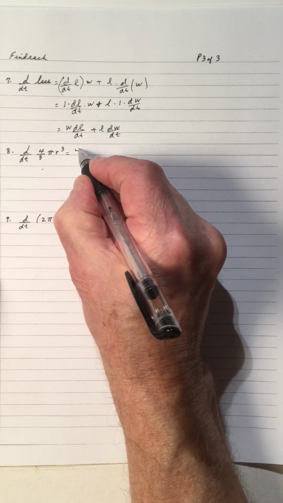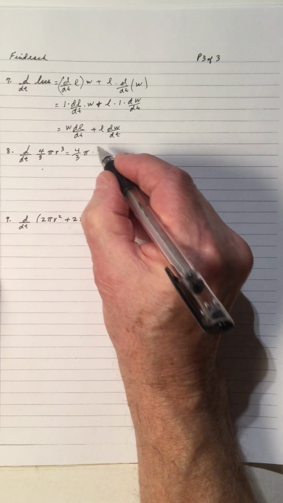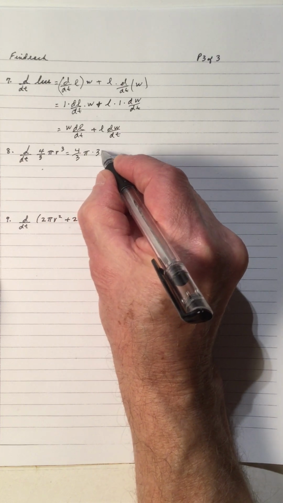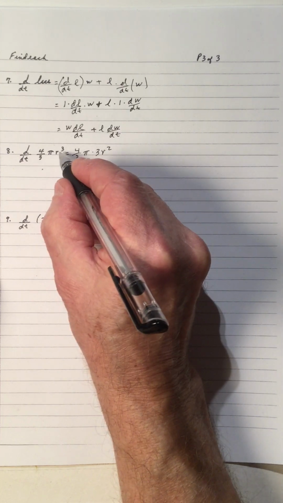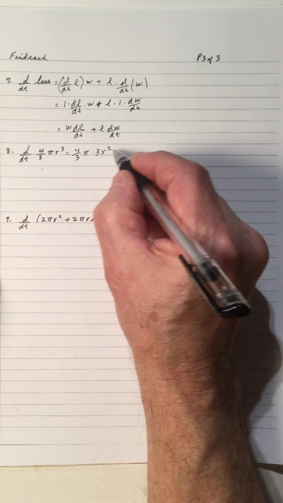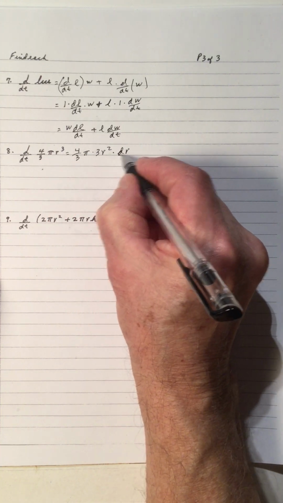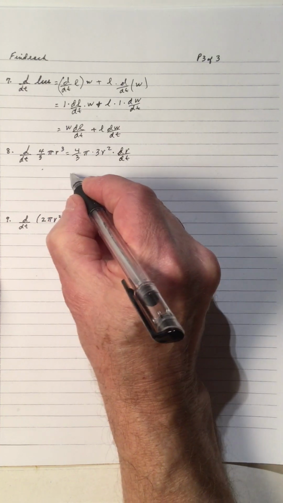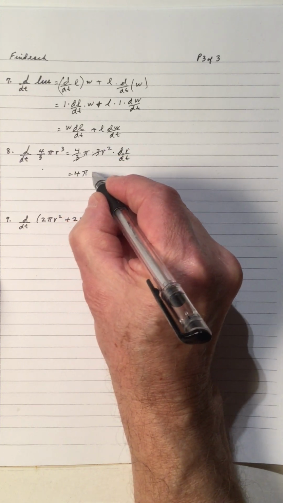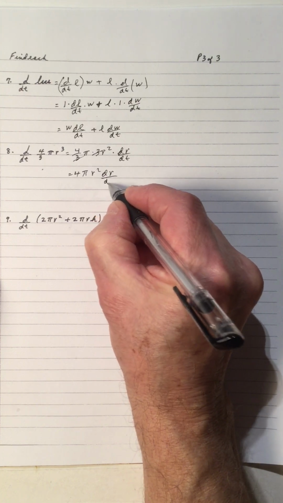I put the constant in front, and we do the derivative with respect to r, so 3r squared. The 3 moves in front, and the exponent decreases by 1. 3 minus 1 is 2. And we have dr/dt. When we tidy that up, the 3's cancel out, so we get 4 pi r squared dr/dt.